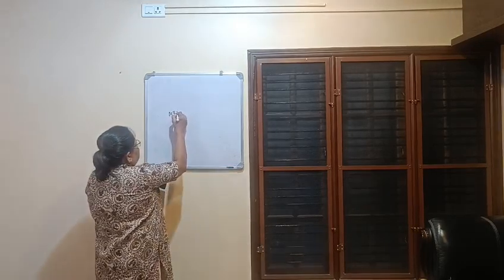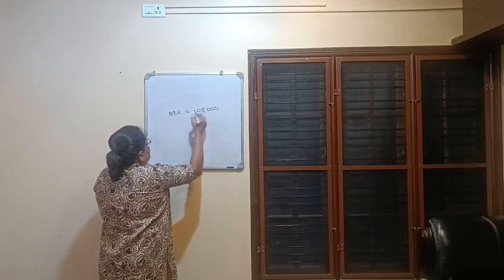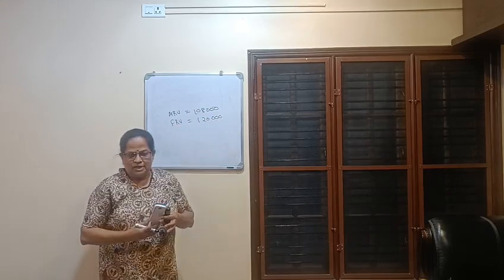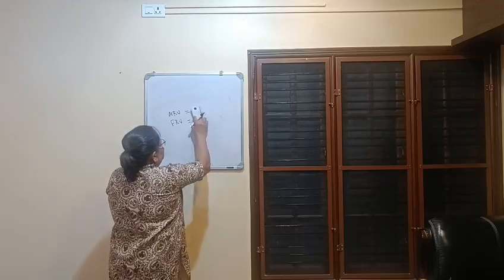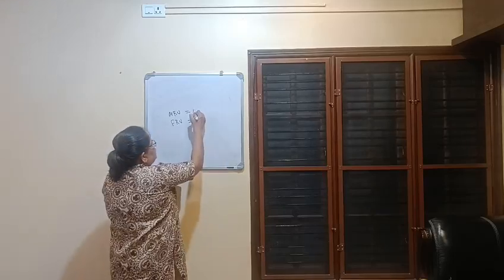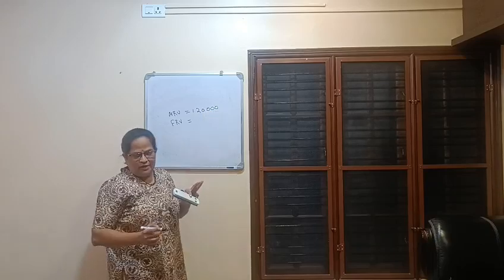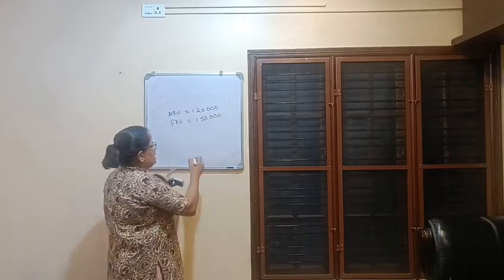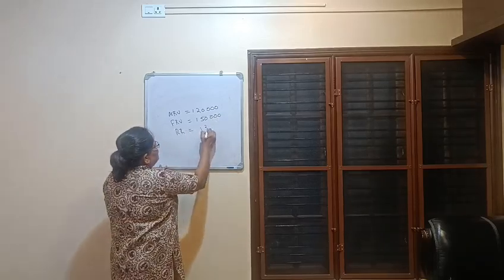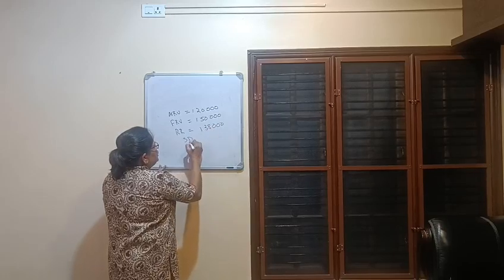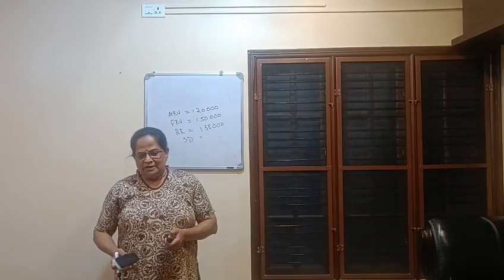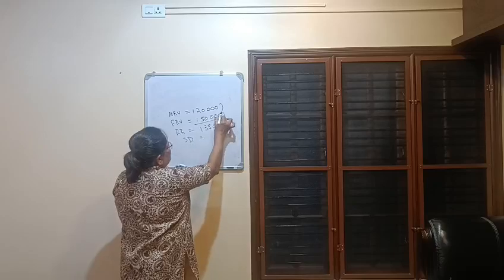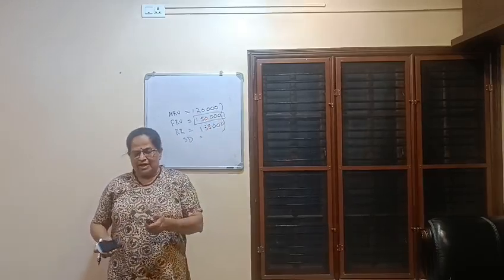So how to calculate this? Not applicable means between these values, whichever is the higher value. So it is 1,50,000 is the expected rental value.